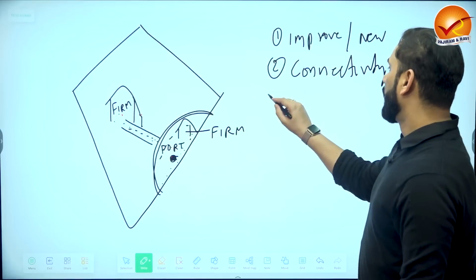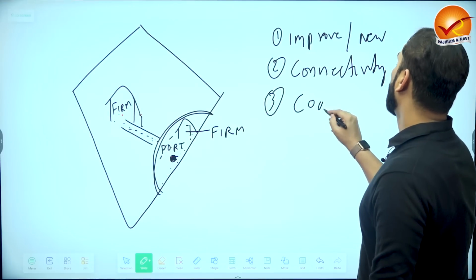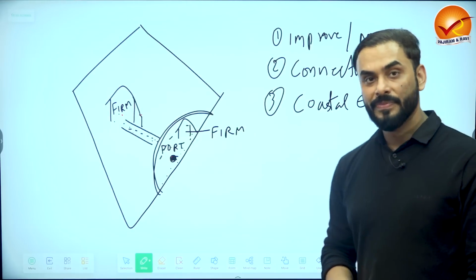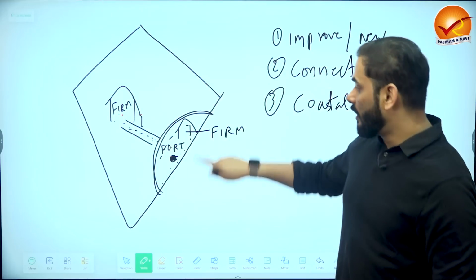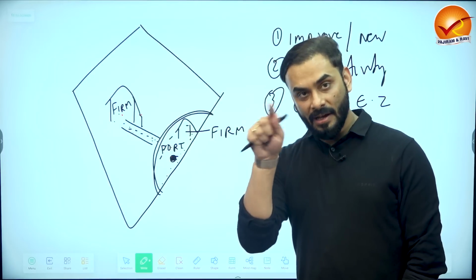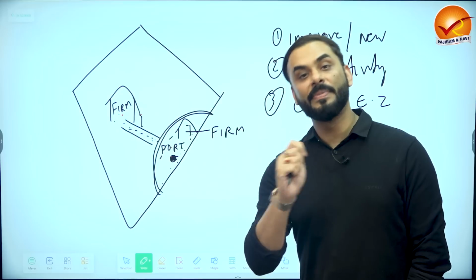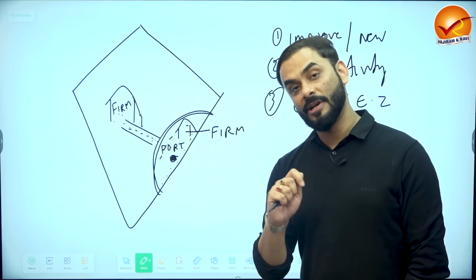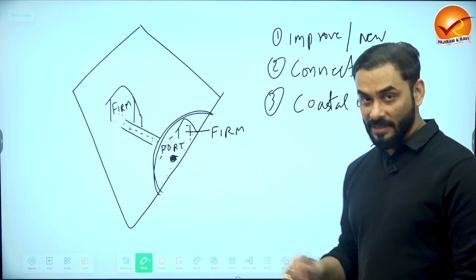So this concept is called as coastal economic zone. All right, so what is coastal economic zone? Along the coast of India, coastline of India, you take a seaport, and around that seaport you try to develop some basic industries which are environment friendly. This will lead to more employment, it will also lead to manufacturing. So that is one thing which we can do.